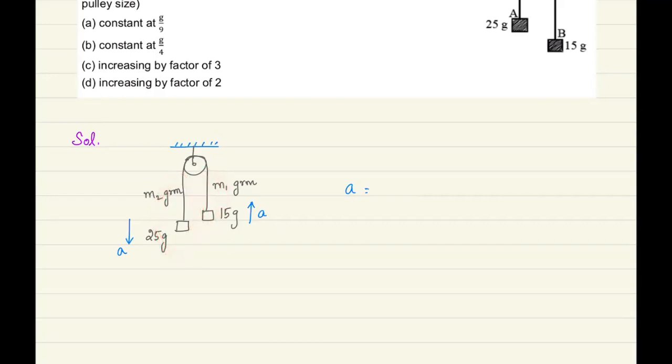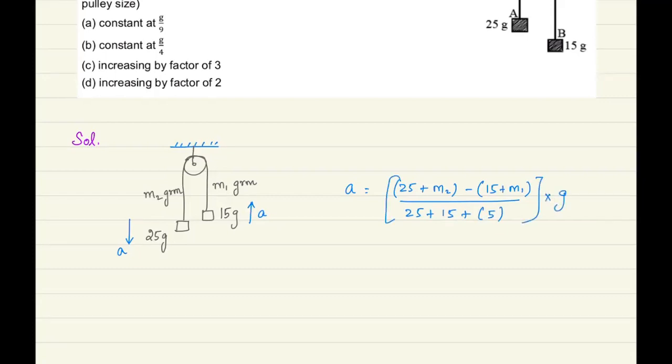So acceleration equals 25 gram plus m2 minus 15 plus m1, divided by the total mass, which is 25 plus 15 plus m1 plus m2, and that is anyway going to be 5 gram. This whole thing is multiplied with g, and that will be the acceleration. I'm substituting masses in gram now, because it is a ratio anyway, so it doesn't matter.